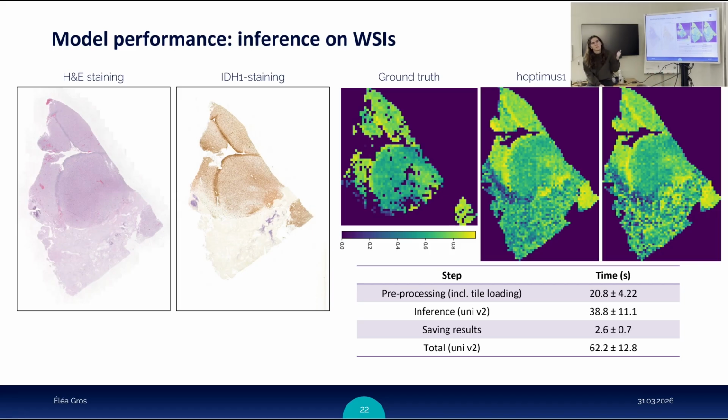To answer the first part of the question, this is a slide that I made 3 months ago. Since then, the size of the patch increased a bit, so it would be more averaged. But as you can see, the prediction is also not exactly following what we would see in the ground truth.